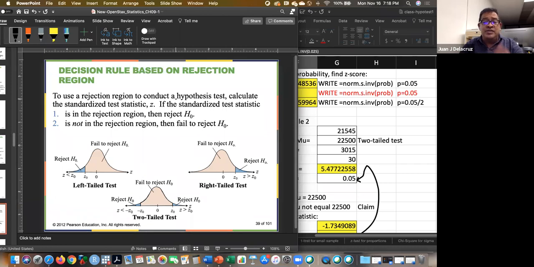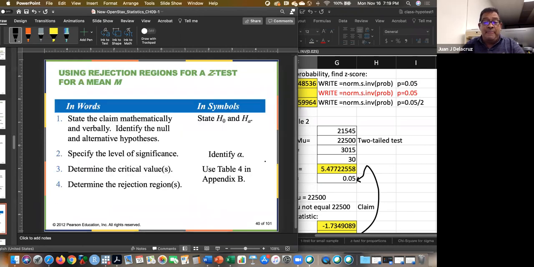To use a rejection region to conduct a hypothesis test, calculate the standardized test statistic, the C-score. If the standardized test statistic is in the rejection region, then we reject H0. If it's not in the rejection region, then we fail to reject. Any value that I find from the data falls within any of these tails, we reject H0. Any value that falls outside of any rejection region, we fail to reject, okay?